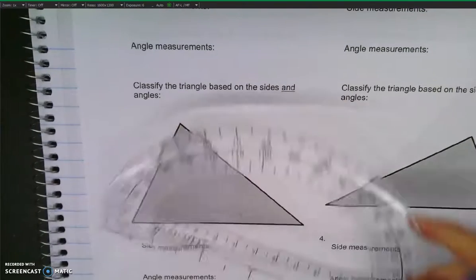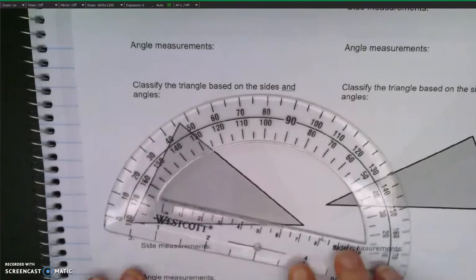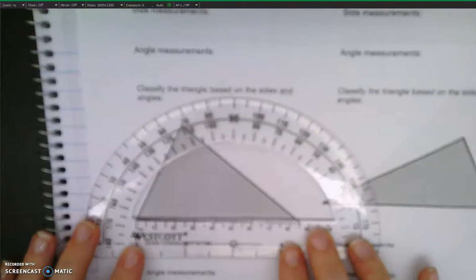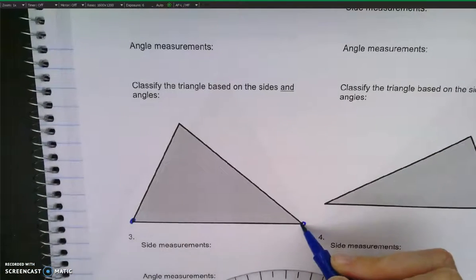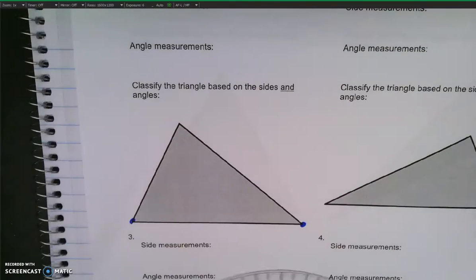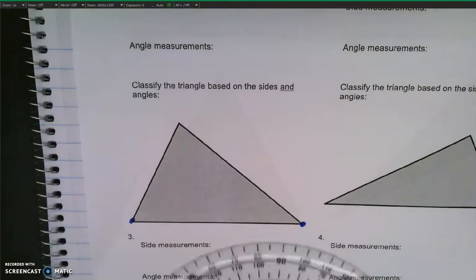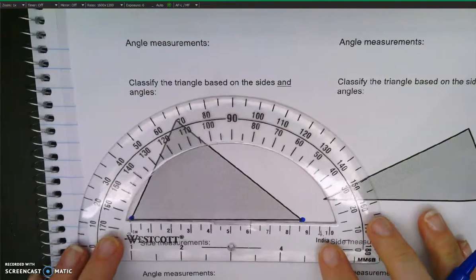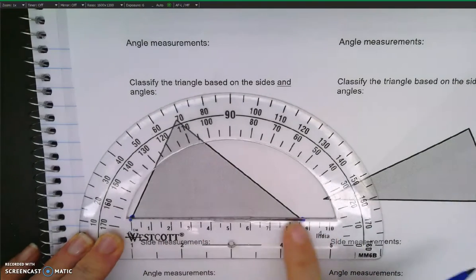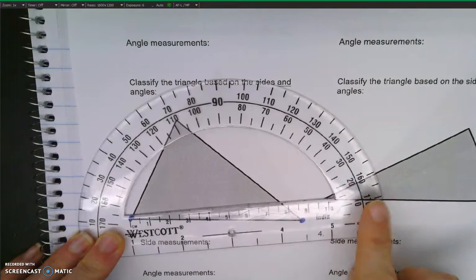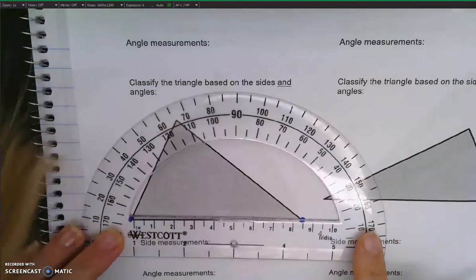So make sure you see your protractor. Always start at the end of a length, so I'm going to measure the base of my triangle here from there to there. Sometimes putting a dot is helpful. And then you want to make sure you start at 0 when you're measuring, and that this lines up, it's not crooked, so it's as accurate as possible.